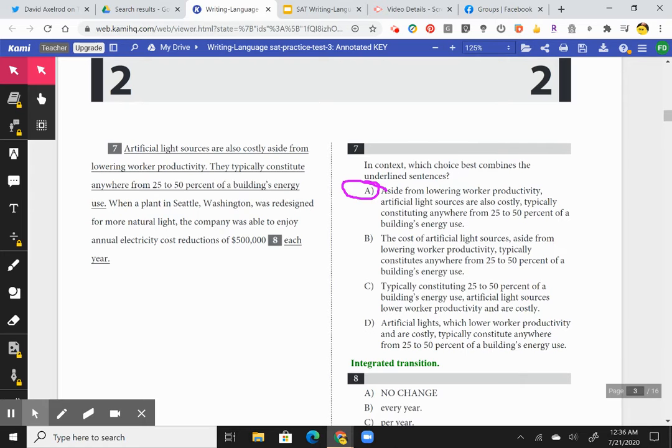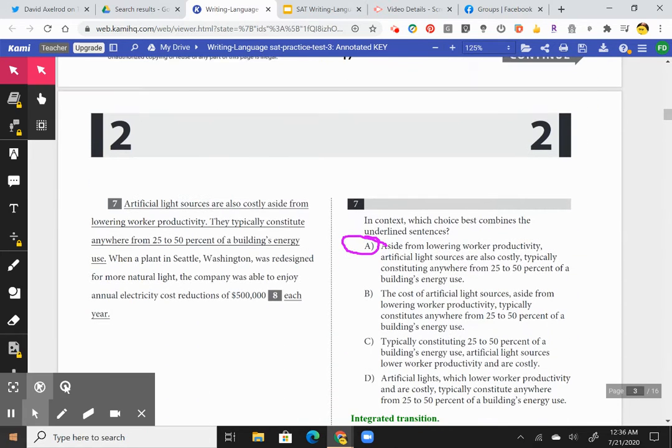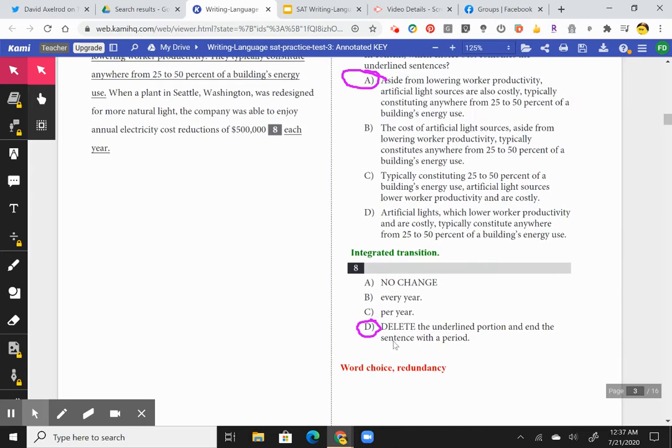So we wanted the integrated transition to be at the front, where we're making a seamless transition. That's what an integrated transition is. That's why we want, aside from lowering worker productivity, at the beginning as an introductory clause to that sentence. Okay, that's a tricky one, a harder one.